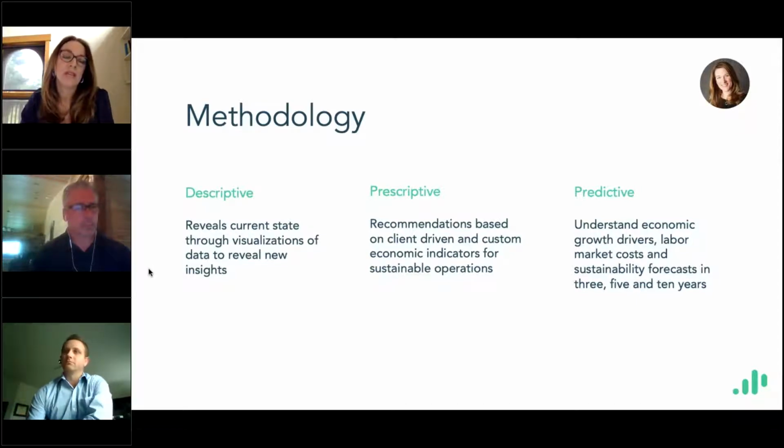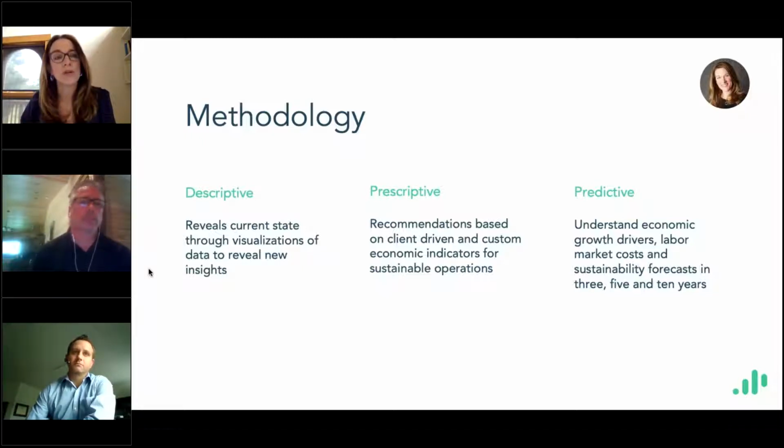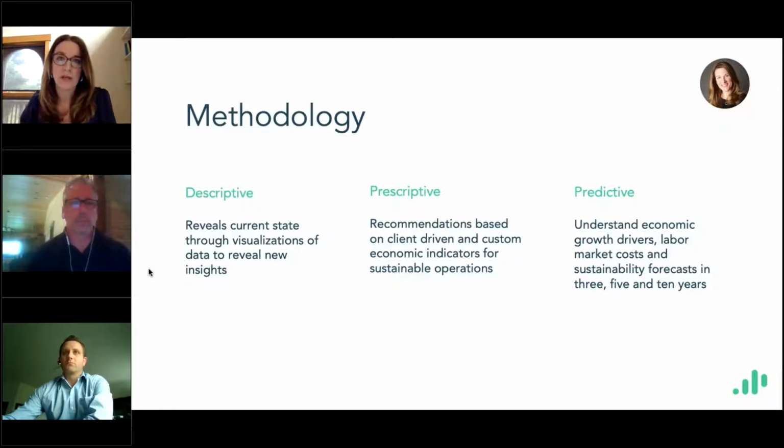We consider that level of analysis descriptive. It's very high level. We're looking across markets from a macro perspective, and we're visualizing that information on maps, charts, and various types of interactive applications.